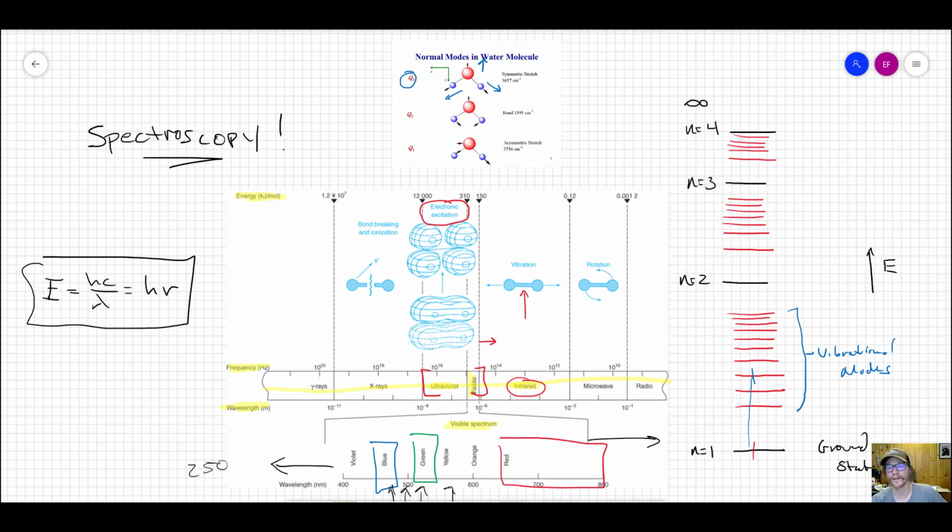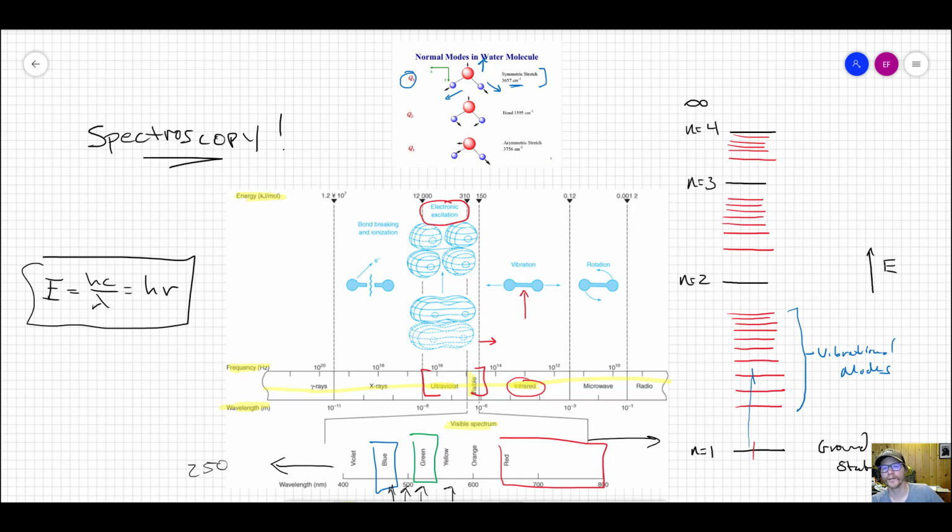We call that a symmetric stretch, and that molecule is oscillating continuously at that frequency, which occurs at 3657 inverse wave numbers. That mode is occurring. The molecule is vibrating in real time as such, even at ground state. It may not be vibrating fast or with high amplitude, but it is.